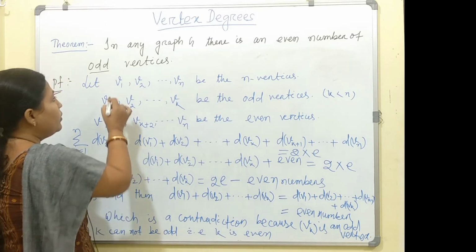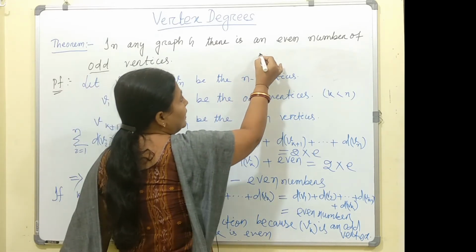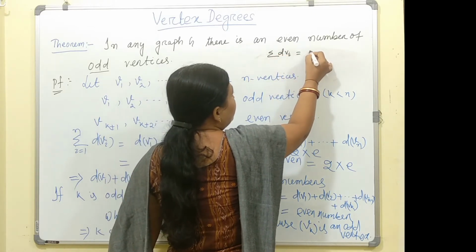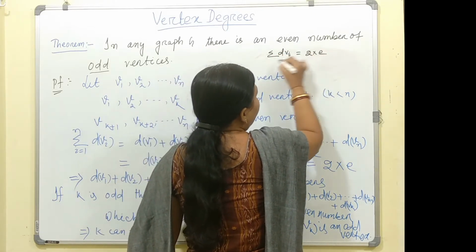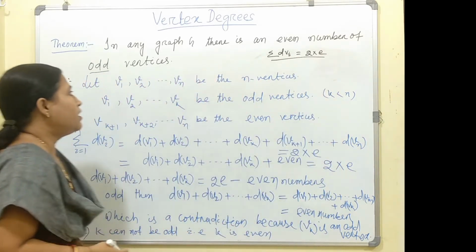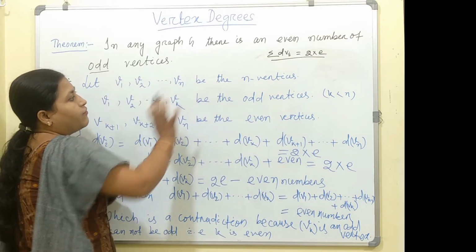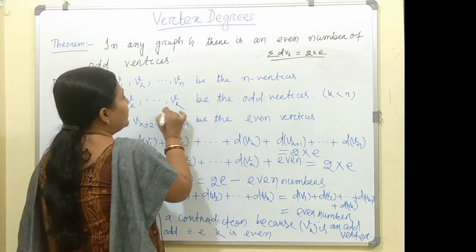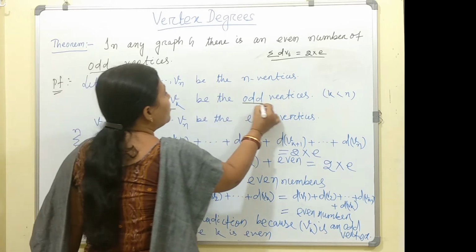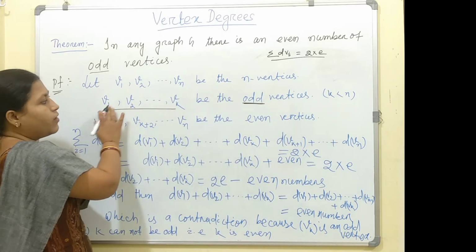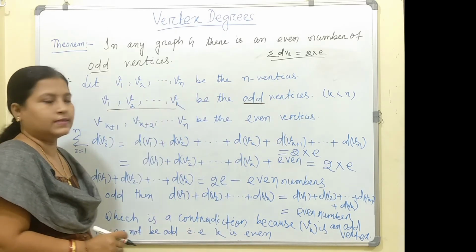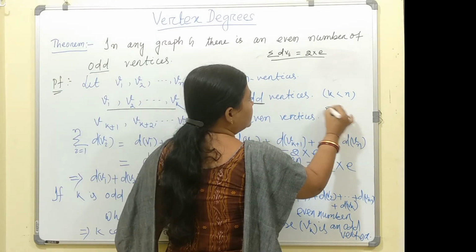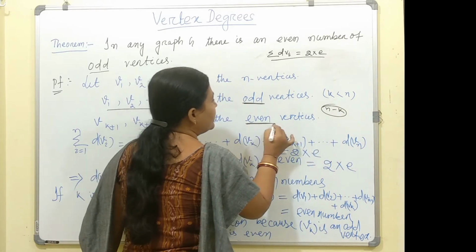Here we all know from the handshaking theorem that the sum of degrees of all vertices is equal to 2 times the number of edges. We take n number of vertices. From these n vertices, we take k vertices as odd vertices, that is v1 to vk are odd vertices, and the rest, that is n minus k vertices, are even vertices.